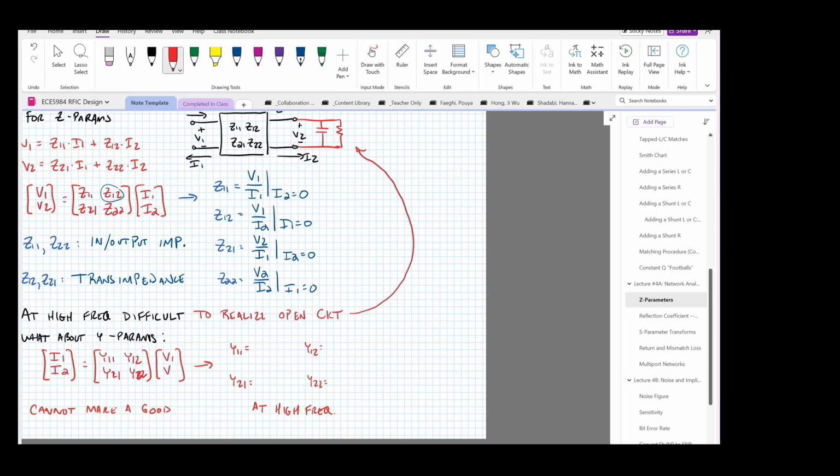And our inputs are V1 and V2. And much like before, we're going to go through and try and eliminate one of the stimulus ports in order to solve for this. So Y11 is I1 over V1 when V2 is equal to 0. And we can go through and quickly write all of these.